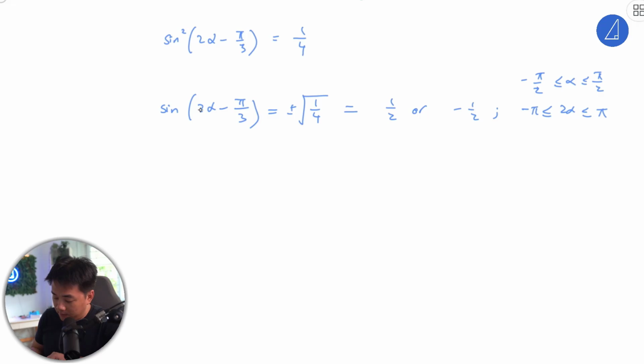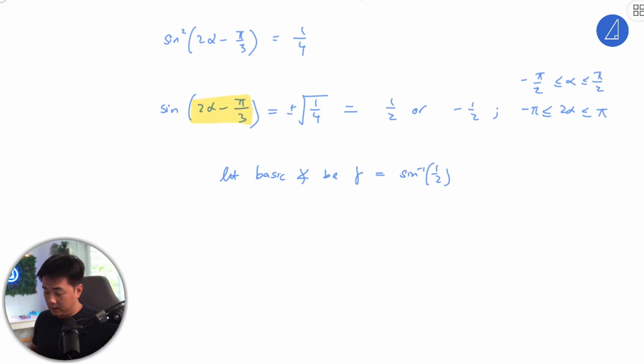In this case, what we need to do is find the basic angle, or reference angle, let it be gamma. So this will be sine inverse half. Sine inverse half is a special angle.